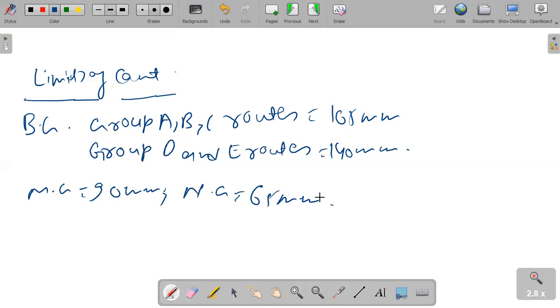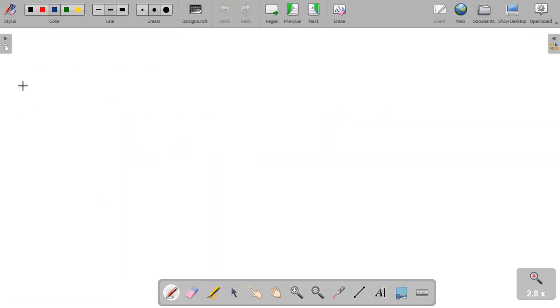Next thing, which is quite interesting, is steps for calculating Cant and Vm. Vm is our maximum permissible speed. So let's go through the steps for calculating Cant and Vm.